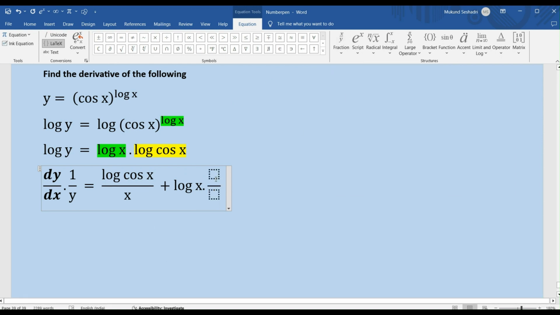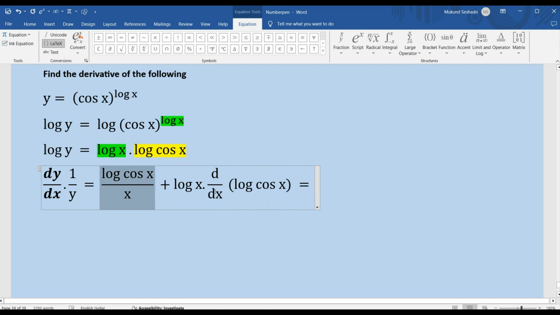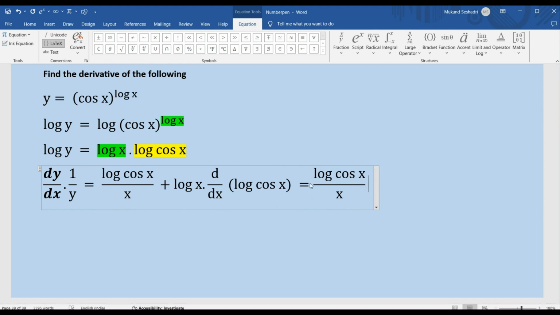So what is that? d by dx of log of cos x, let me do it in two steps. Again, my outer function is a log, and my inner function is a function I'm pretty familiar with from first principles, which is again cos x, right?